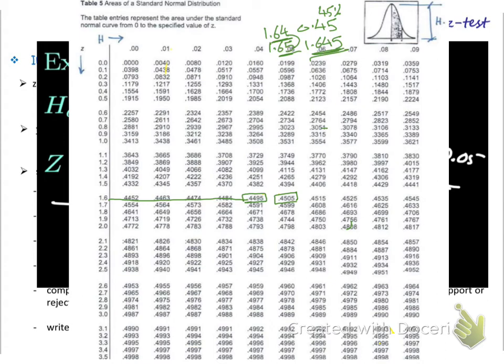If you go here, 1.6, and up here 1.64 and here 1.65, I'll take the average of them. Let me write it down: 1.645.